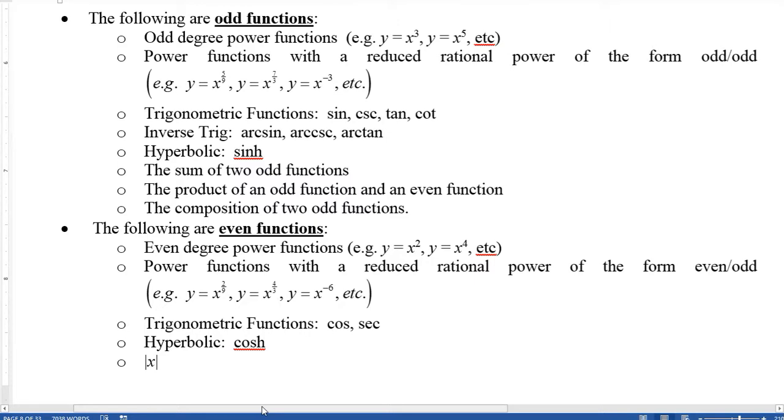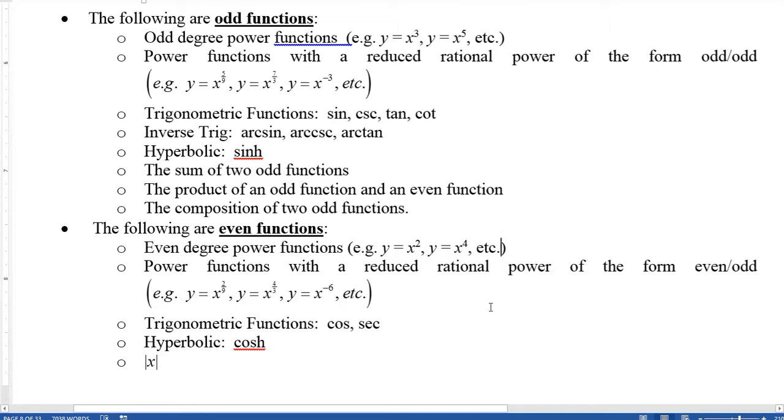The following are some examples of even functions. Even degree power functions like y equals x squared, y equals x to the fourth, y equals x to the sixth, etc. are even degree power functions, and that's kind of where it gets its name.